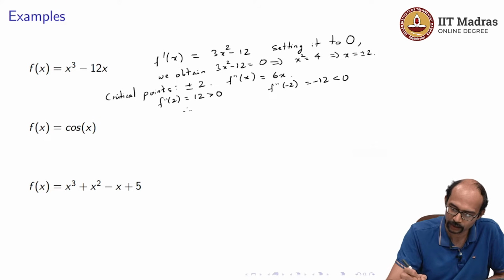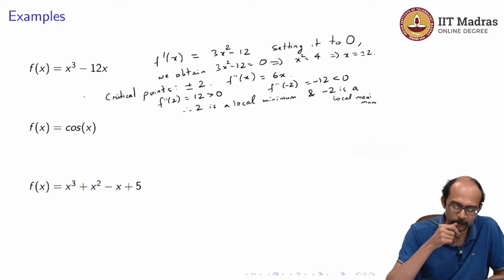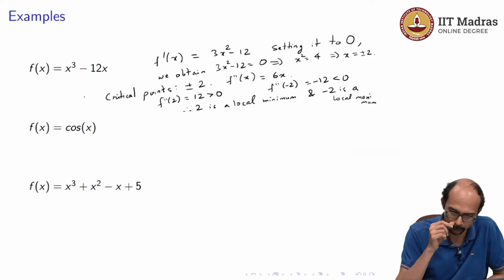Therefore 2 is a local minimum and minus 2 is a local maximum. That is what happens for this function x cube minus 12x.